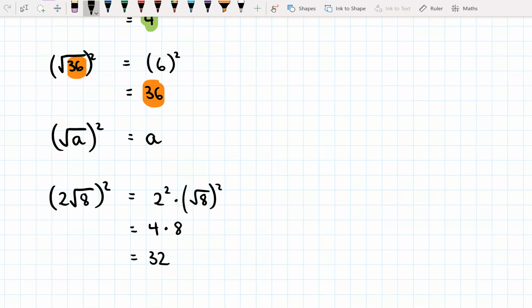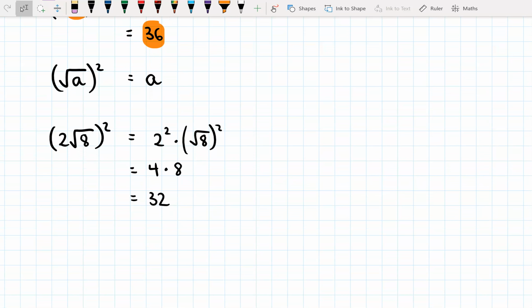The other thing you might find is that sometimes the coefficient is outside the brackets. So if instead we had 2 times the square root of 8, squared, you need to think about your order of operations here. Between the brackets is the square root of 8, and we can't do anything with that. Brackets first, then I is for indices.